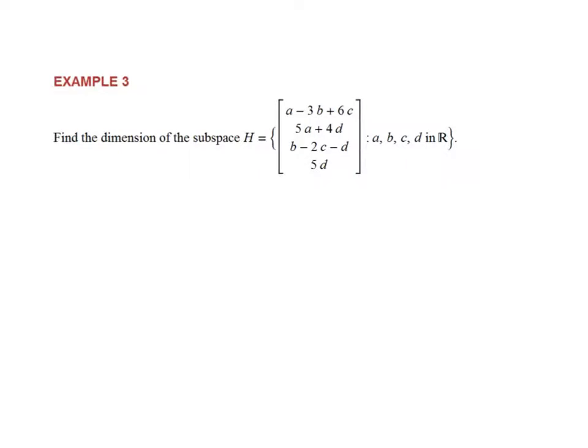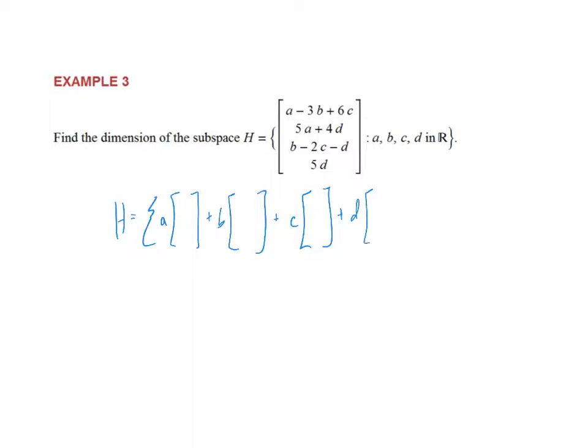For this next example, we're given H defined as this vector for a, b, c, d in R, and we need to find its dimension. What we'll do is take H and split it up into separate vectors: an a vector plus a b vector plus a c vector plus a d vector, for a, b, c, d real numbers.